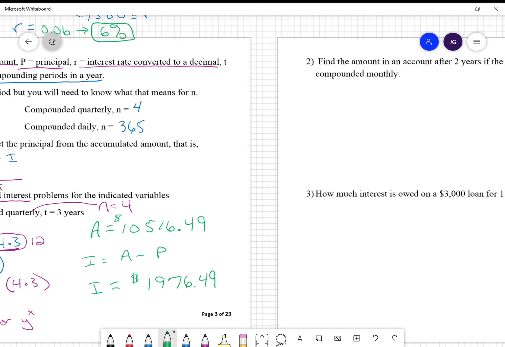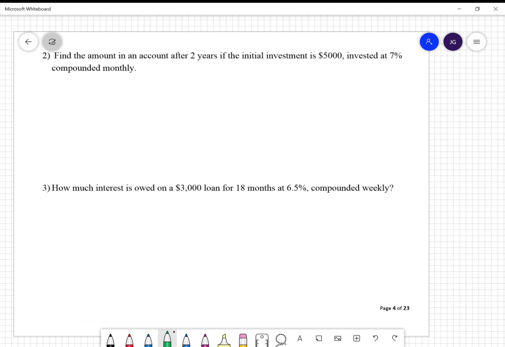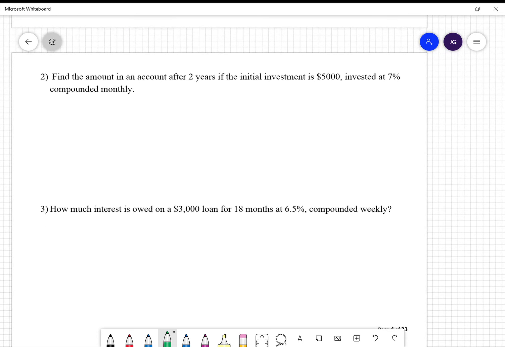Okay, next problem. Find the amount in an account after 2 years if the initial investment is $5,000 at 7% compounded monthly. Okay, so we have compounded in here. So now I know I'm going to use this formula.